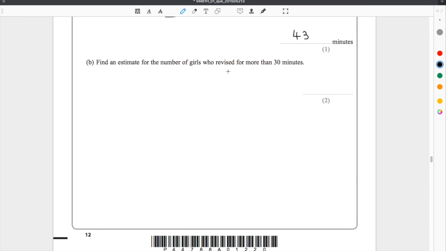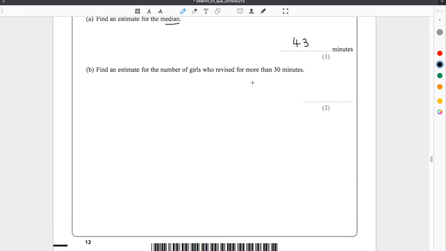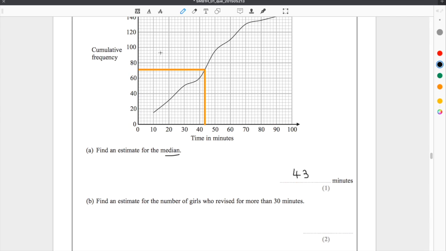Find an estimate for the number of girls who revise for more than 30 minutes. So more than 30 minutes: by drawing a line up from 30 minutes, which is there, we'll do this in red, and again across to there. That looks to me to be exactly 50.